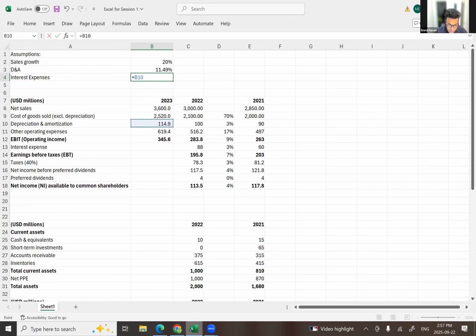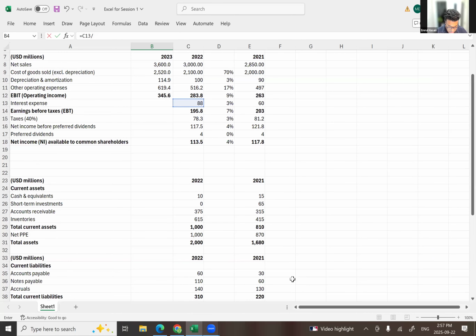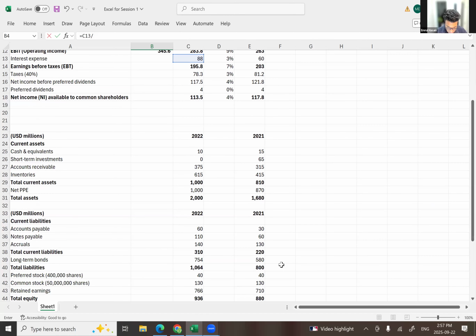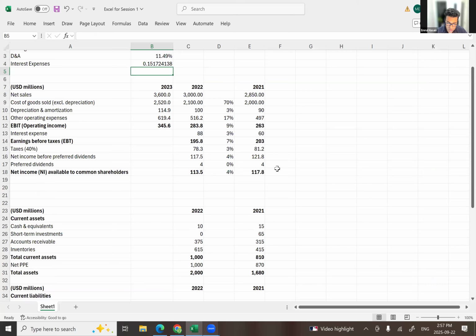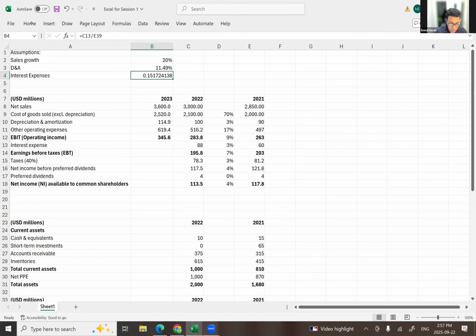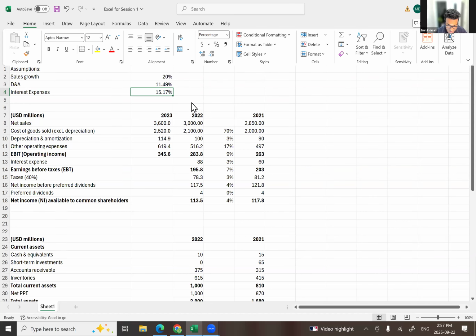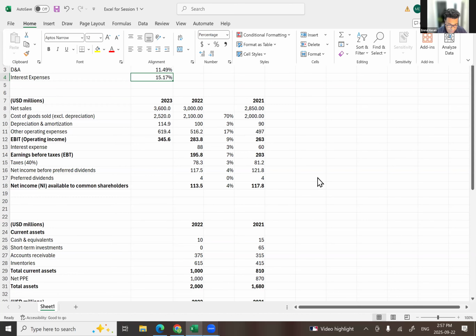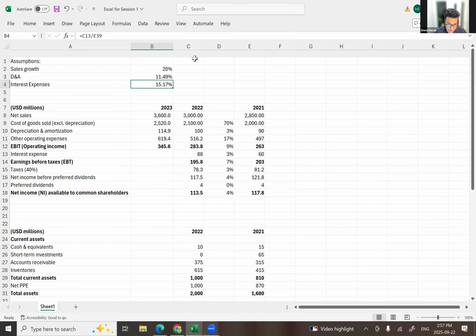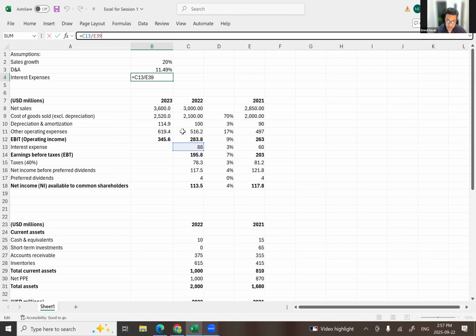So you're going to say interest expense divided by 2021's long-term bond. I think this number, yeah. So 2022's interest expense and 2021's long-term bond. Again, 15%. See, the interest rate is pretty high at this point. Okay. And just to always make sure you're taking the right number, because this is another thing the analysts need to always be aware of.